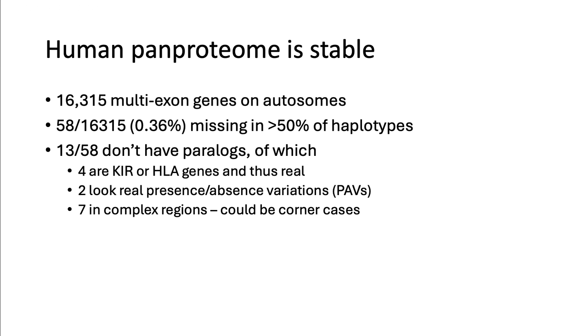These are real cases, and we know that's happening. The other cases are all in very complex regions. But anyway, of these 13 genes out of 16,000 genes, that's less than 0.1% of the genes actually having a real copy number change. Basically, they can be absent or present.